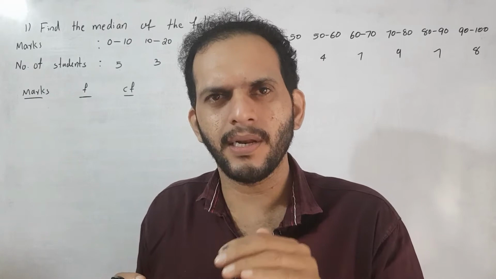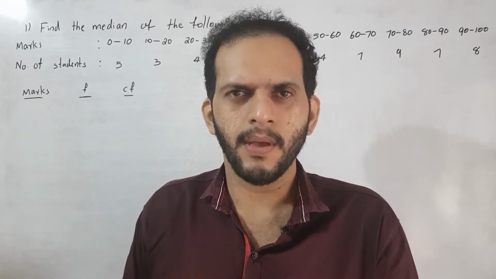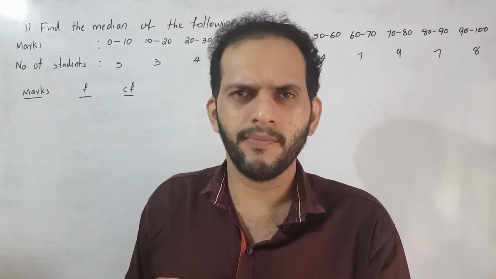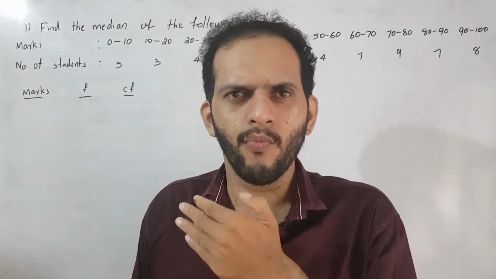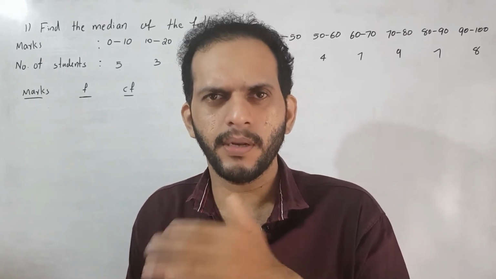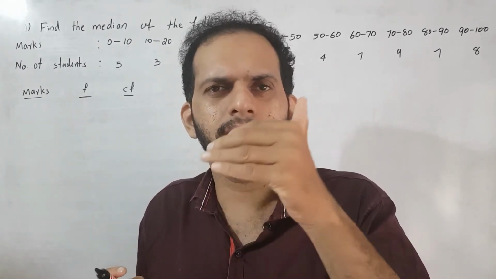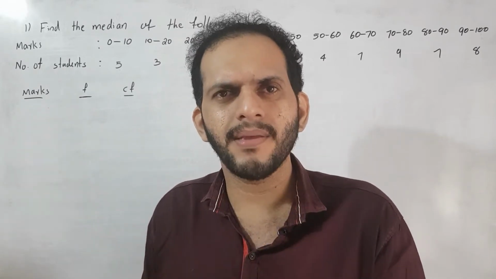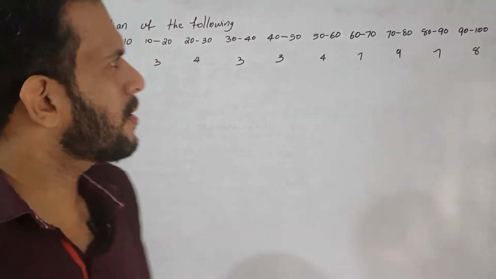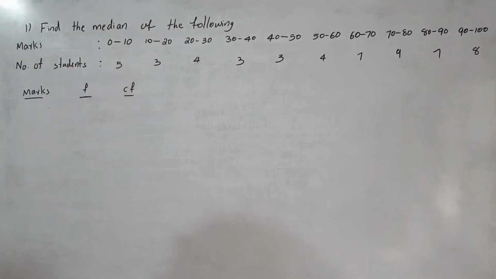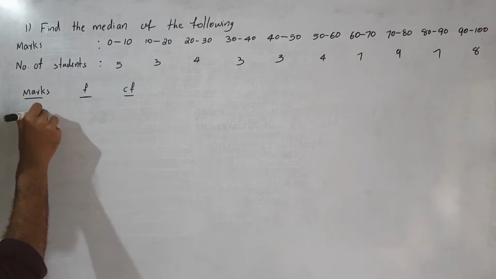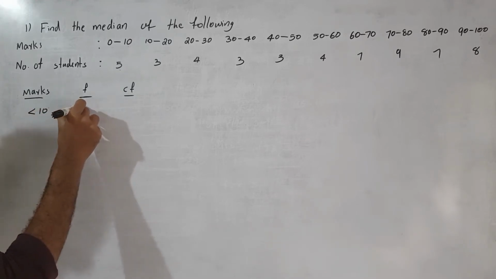It is written on the base of the upper limit of the class. So first we choose the upper limit of the first class, that is 10, then less than 10, and the corresponding frequency is 5.